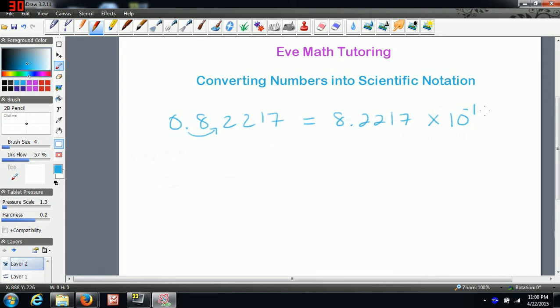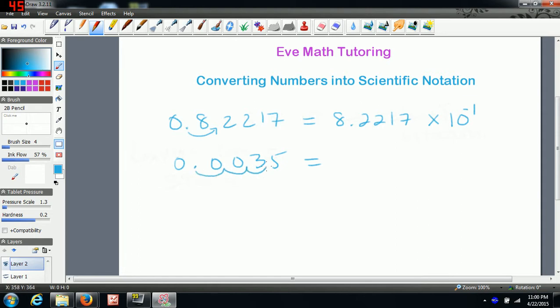Okay, we're going to do a few more examples. Okay, let's do 0.0035. So in this case, I move the decimal over to the first digit which is not 0.